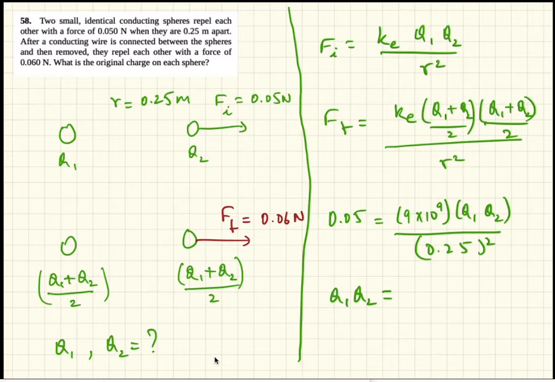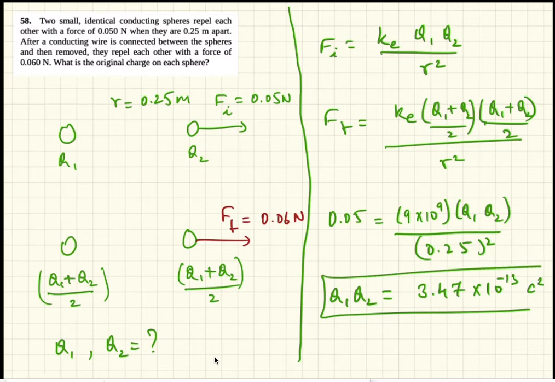So this is 3.47 times 10 to the minus 13 coulomb squared. That's the product of the charges.